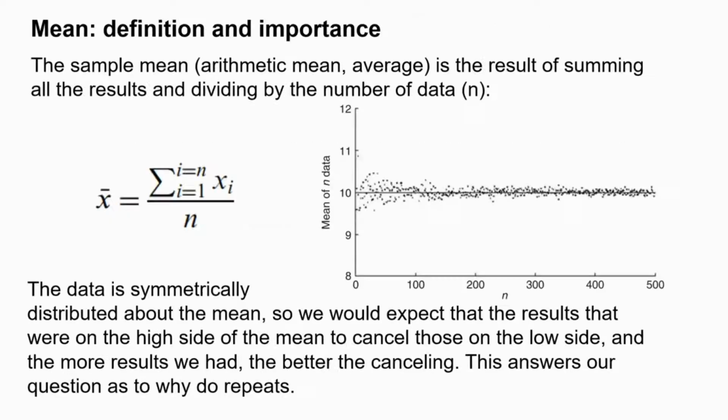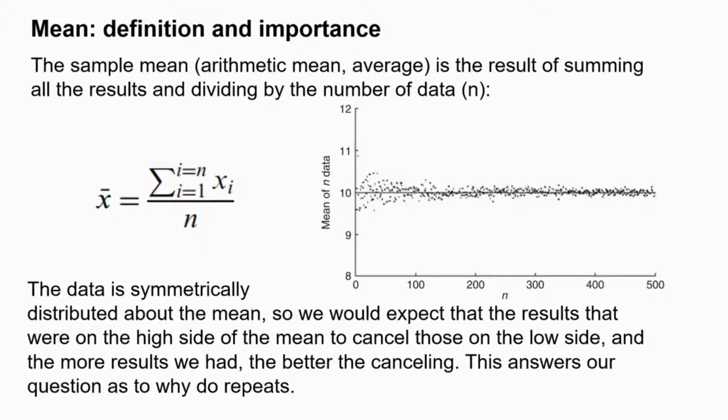Now I will start first with the mean. What is the mean, what is its definition, and what is its importance in our chemistry calculations? The sample mean is also called the arithmetic mean or average, and it is the result of all the results.